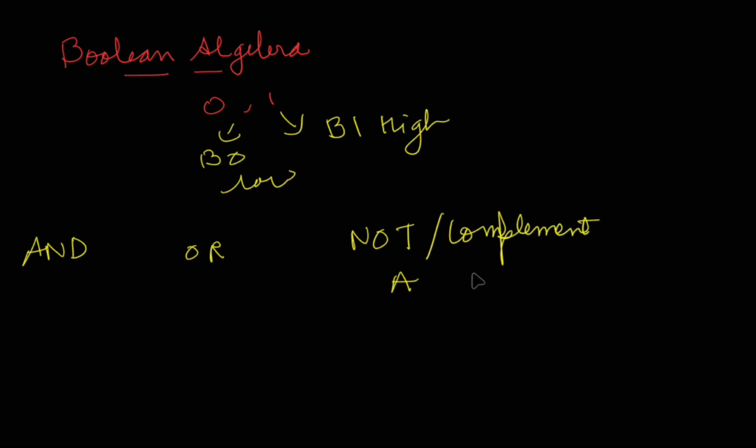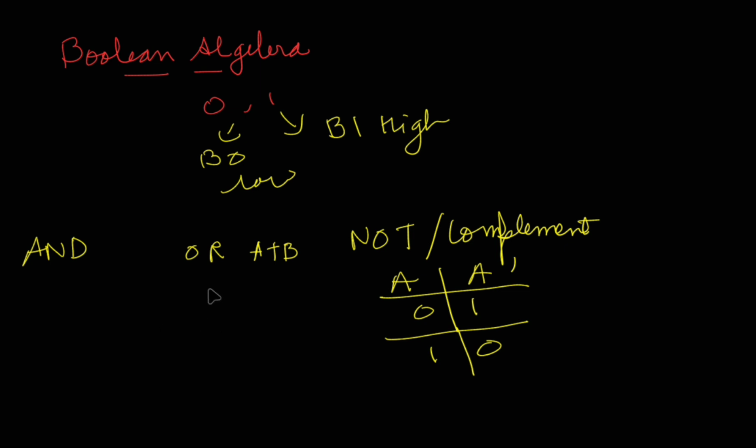If there is a variable, then its complement will be, if it is 0 then it will be 1, if 1 then 0. For OR, either of one of them should be 1, right?